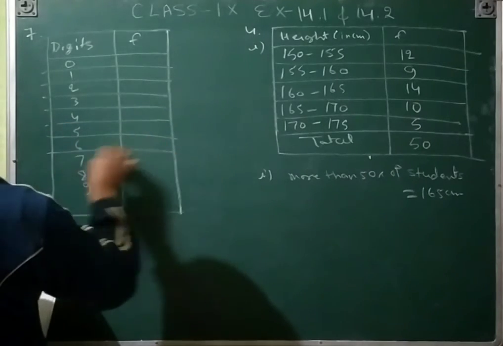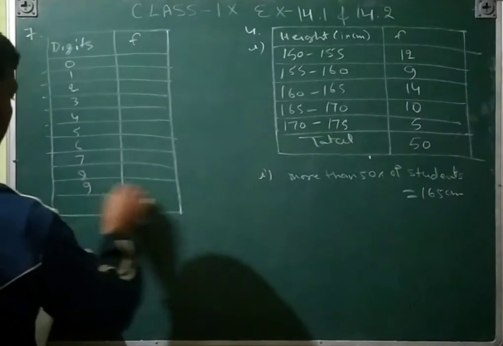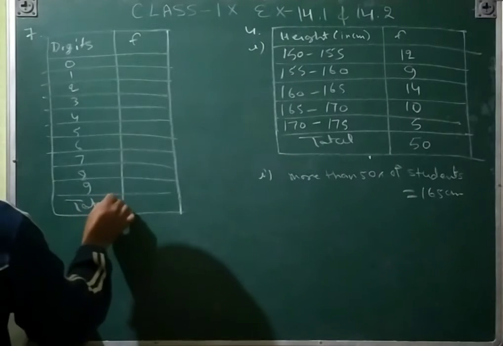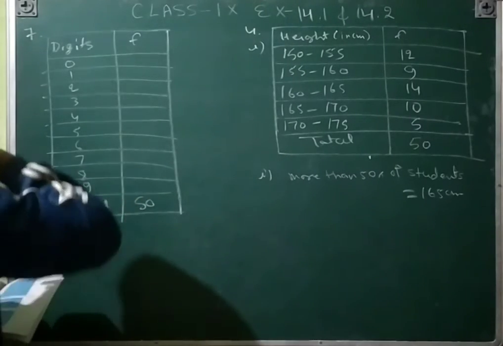That will be the total. The total is given as 50, so it must become 50.